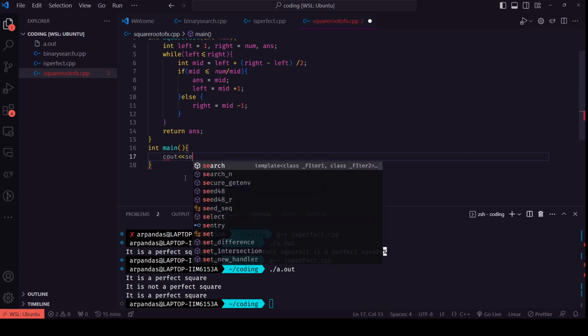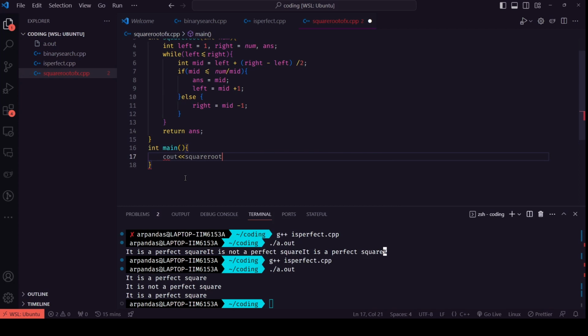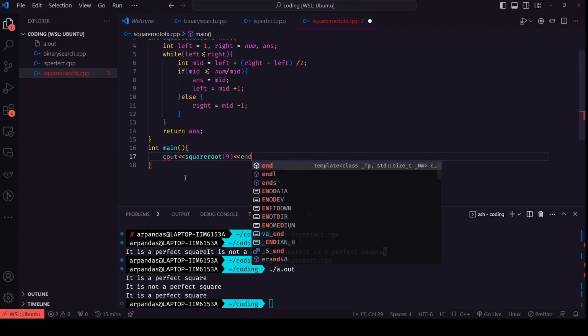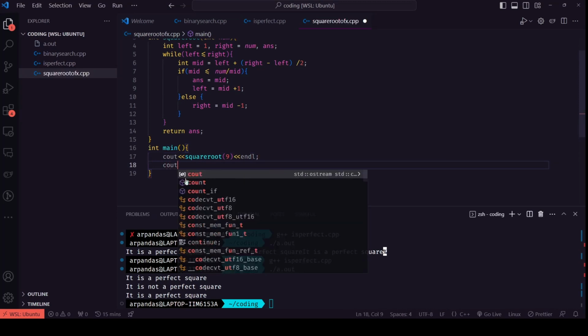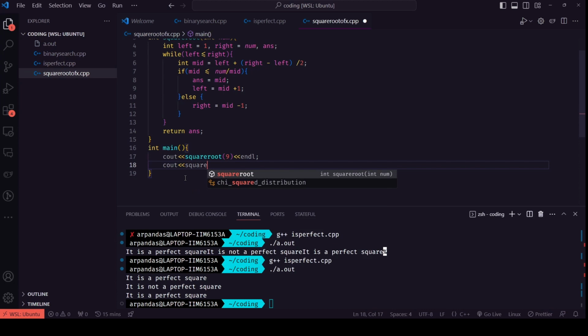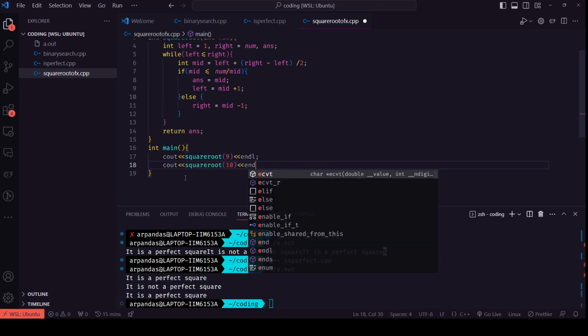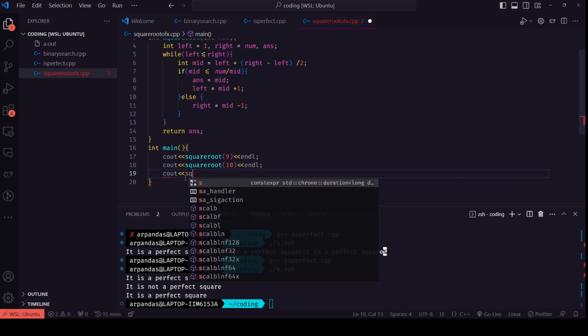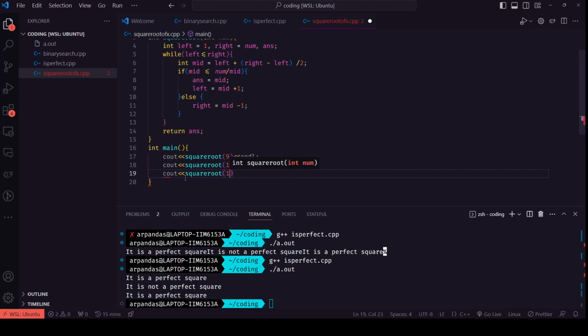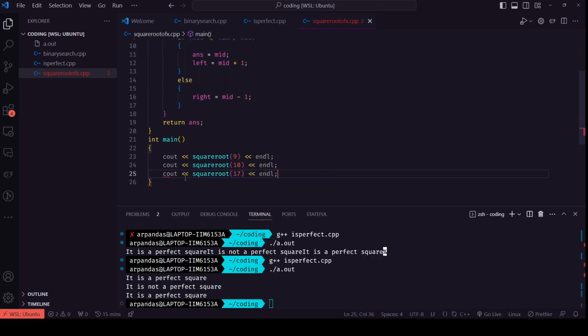Then cout the square root of 9, cout the square root of 10, and then cout the square root of 17.